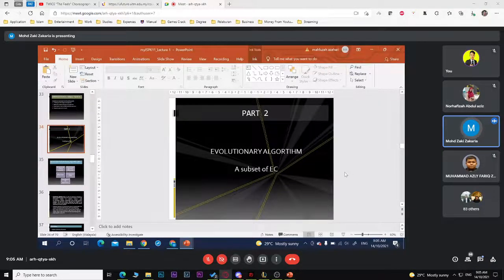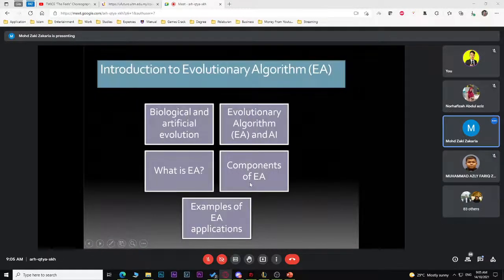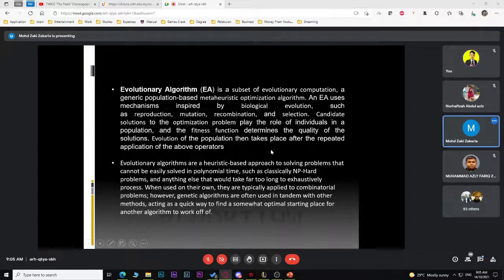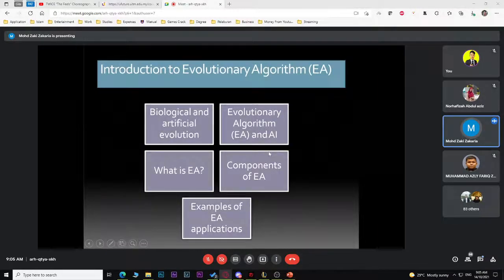Okay, now we proceed to part 2. Introduction to evolutionary algorithm. Now, before this, EC. Now, EA. EA is part of EC.